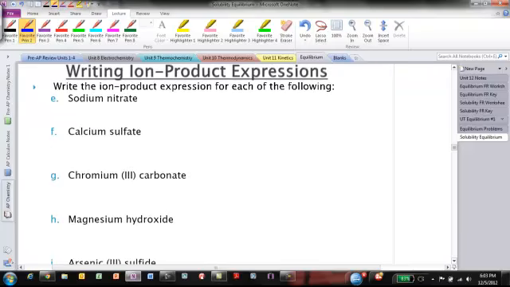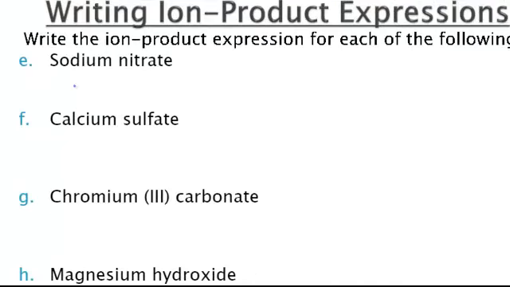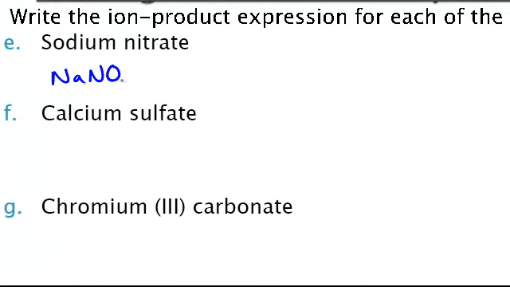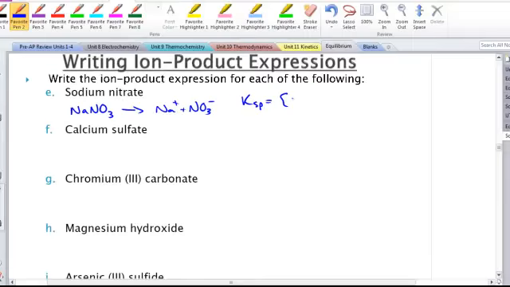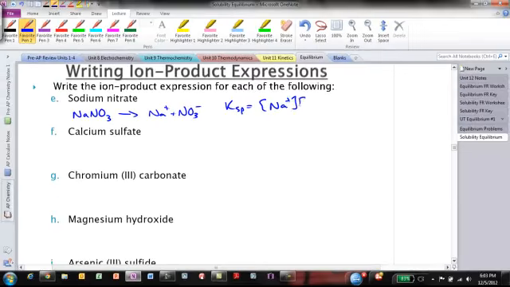Alright, so we've got some more of these, so, ion product expressions, keep going. Sodium nitrate: we would go Na plus and NO3 negative, and the expression is Na plus times NO3 negative. This K is so large that we consider it not even to be in equilibrium, because it's so big that these concentrations are pretty much exactly the concentration of the original.